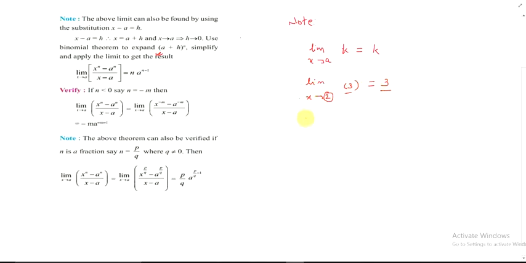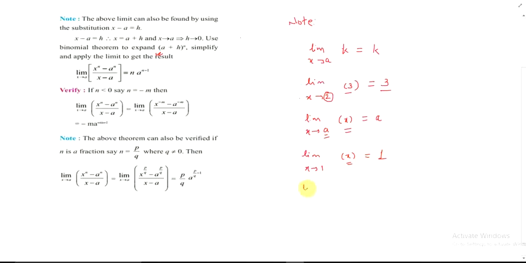Now the second property is that the limit as x extends to a of x is equal to a, that is, this x is replaced by this a. For example, if we have the limit as x extends to 1 of x, then it is equal to 1, this x is equal to 1.